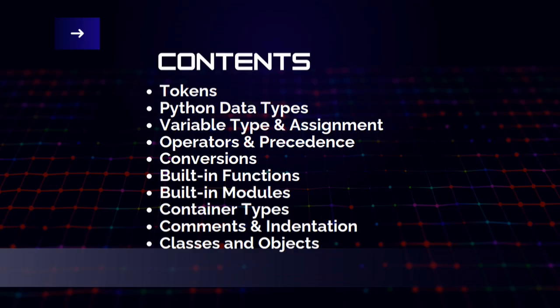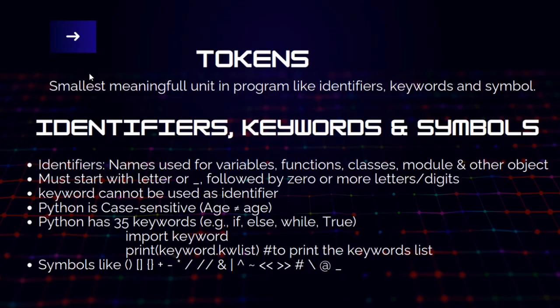So, what are tokens? Tokens are the smallest meaningful units in a program, like identifiers, keywords and symbols. A Python identifier is a name used to identify variables, functions, classes, modules and other objects.